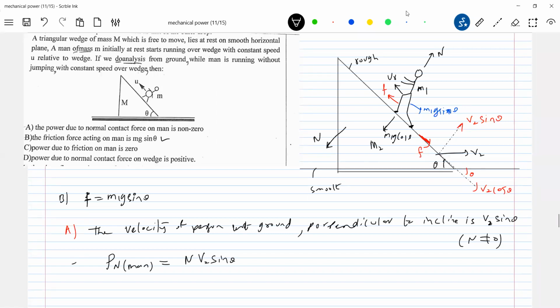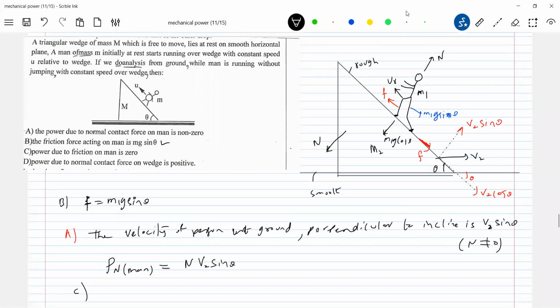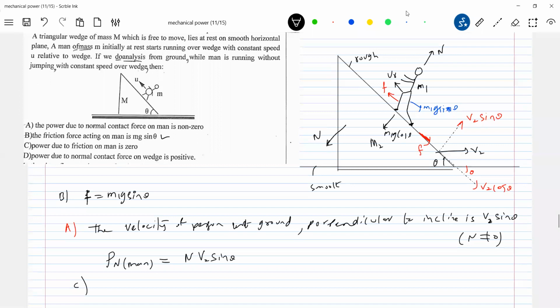Next, power due to friction on man, I'll come for option C. Power due to friction on man. It should be negative or positive first of all.